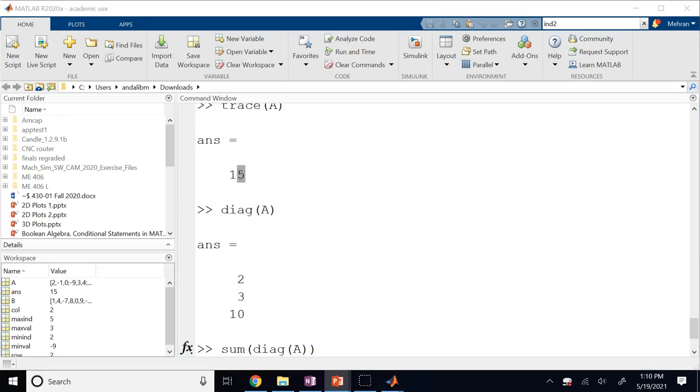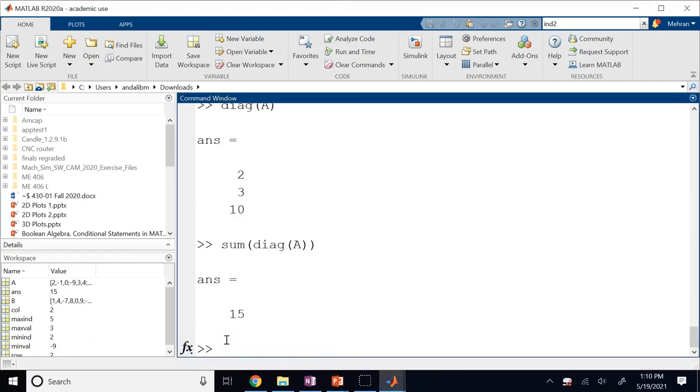There are other commands here, including rank, QR decomposition, LU decomposition, singular values, SVDs, eigenvalues, and so on. We'll talk about them later when we talk about math problems. So in my math videos, look for matrix decomposition, eigenvalues, singular values, and so on.